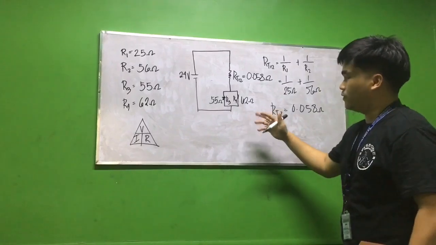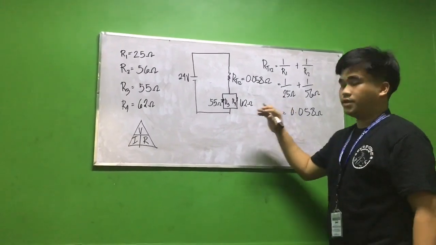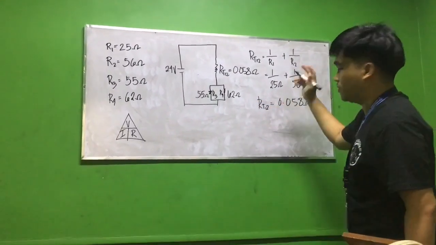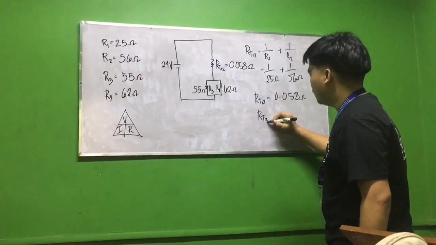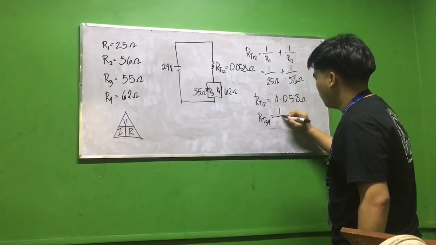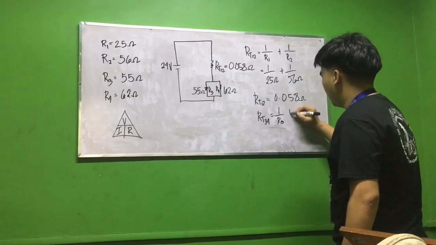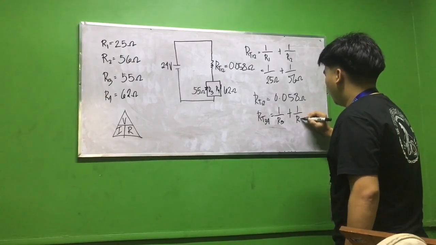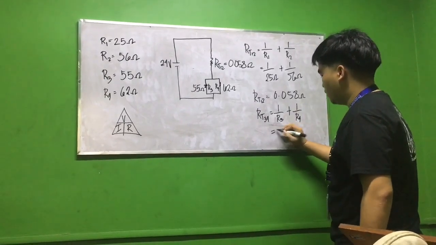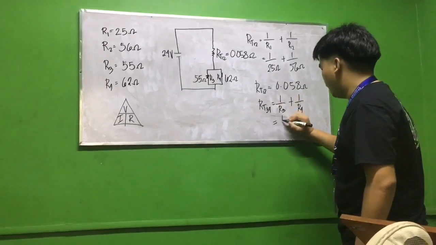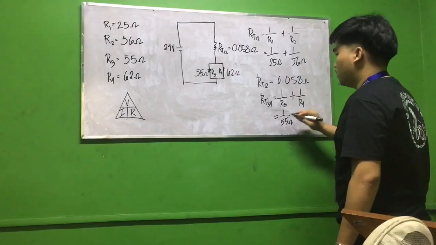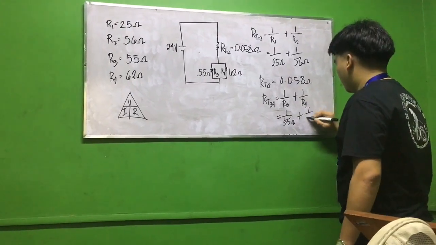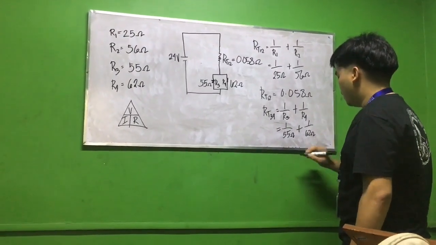Next we have to solve the resistance of 3 and 4. Same formula: RT34 equals 1 over R3 plus 1 over R4. So substitute the given, we have 1 over 55 ohms plus 1 over 62 ohms.